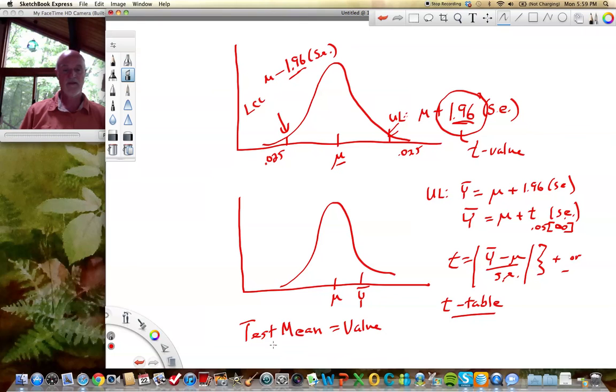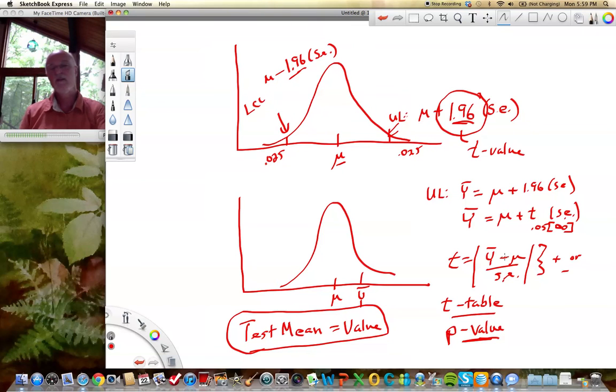I'll let you try to find that if you want to look for that. That does this particular test, and it provides an exact p-value associated with the t that's calculated as the difference between y bar and this hypothesized mean, all divided by SE.